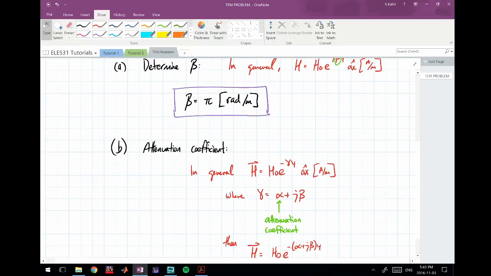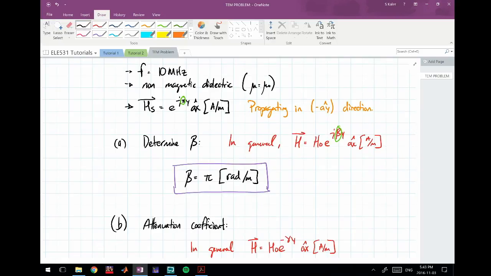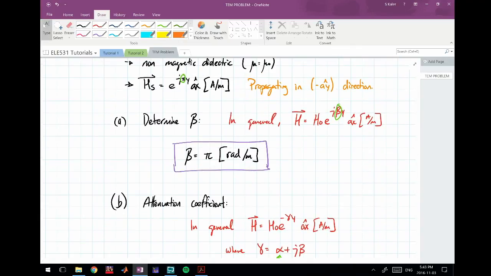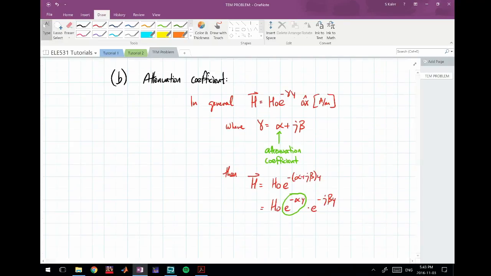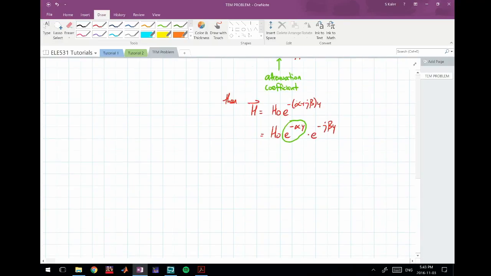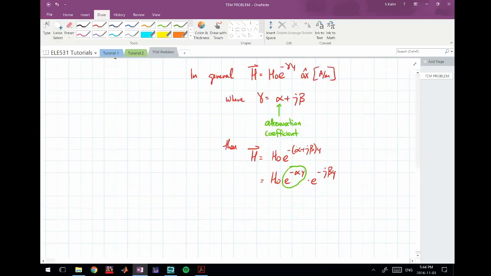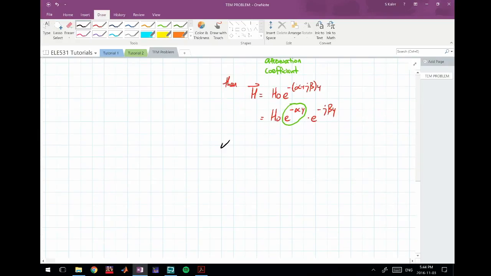Now, in our equation, we look at it and we see we have e to the j pi y, and there's no real exponential term. So the exponential term we have here is actually imaginary. Therefore, just by comparing this general case to the case we have, we realize that alpha equals 0. Now, alpha still has a dimension.